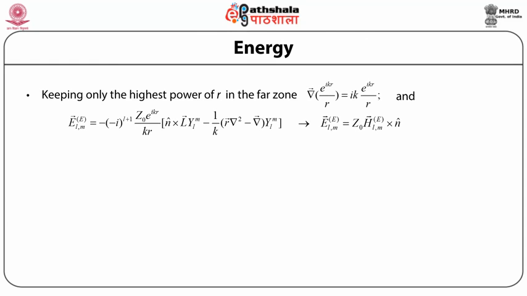Keeping only the highest power of R in the far zone, we have del of e raised to power ikr by R is equal to ik into e raised to power ikr by R, and E vector LME is equal to minus into minus iota raised to power L plus 1 into Z0 e raised to power ikr divided by kr into [N vector cross L vector Y_LM minus 1 divided by k whole into R del squared minus del into Y_LM].